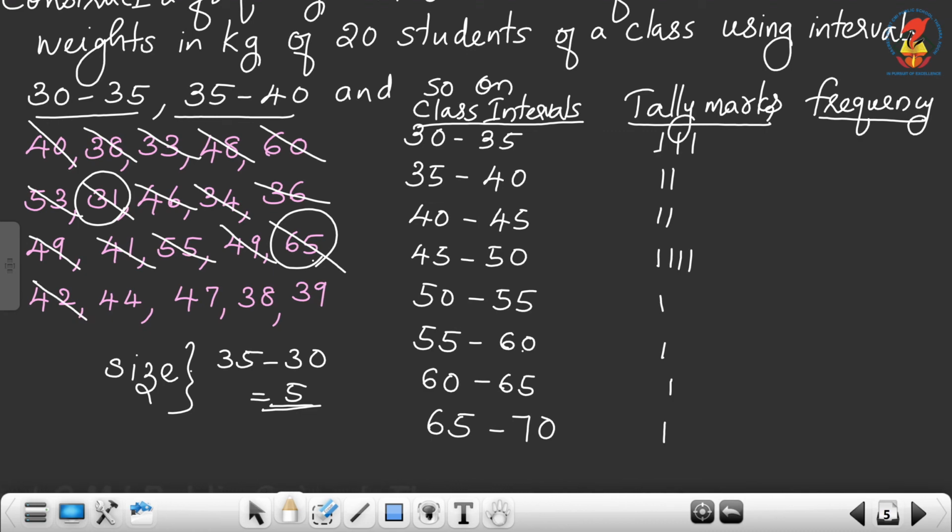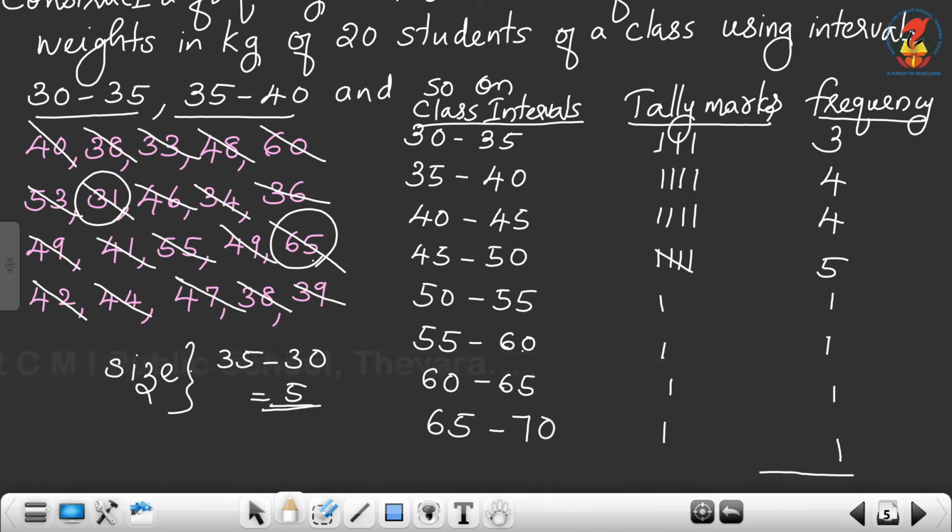Then 42, 44, 47, 38, 39. Now we can count the total number of tally marks against each class interval: 3, then 4, 4, 5, 1, 1, 1, 1.